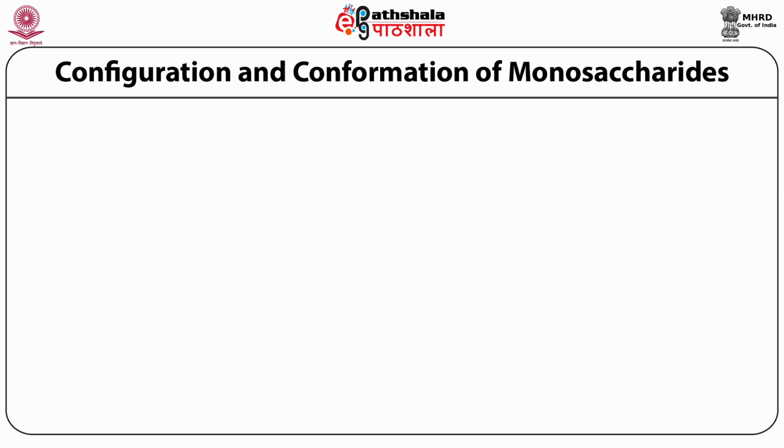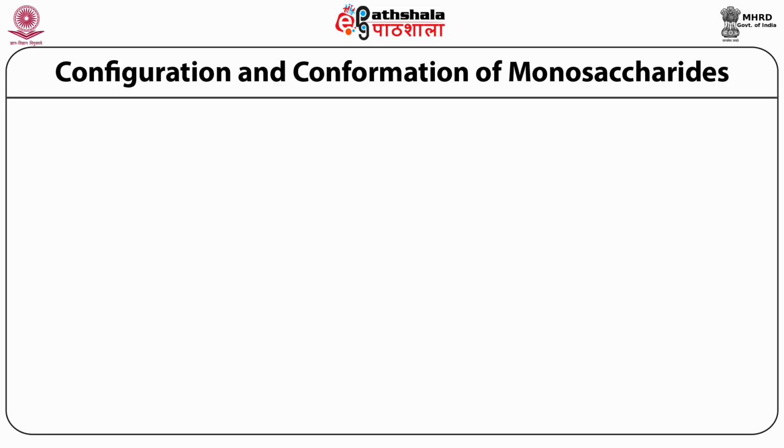Monosaccharides vary in configuration and conformation. There is a difference between these two terms. Two conformations of a molecule are interconvertible without the breakage of covalent bonds, whereas two configurations can be interconverted only by breaking a covalent bond.